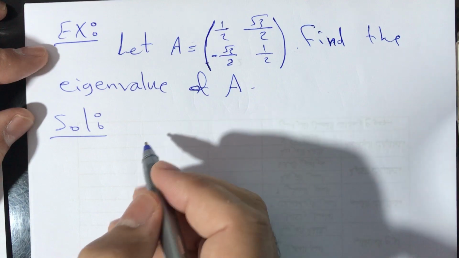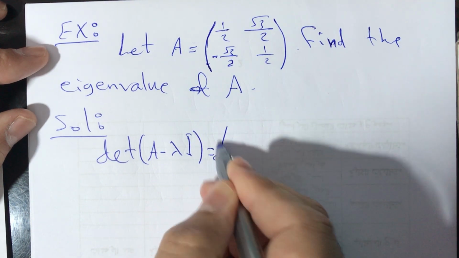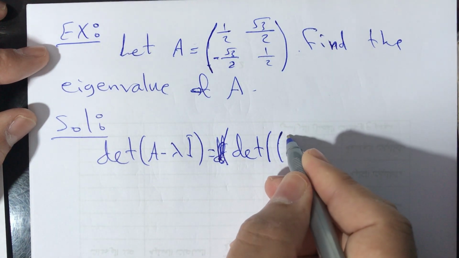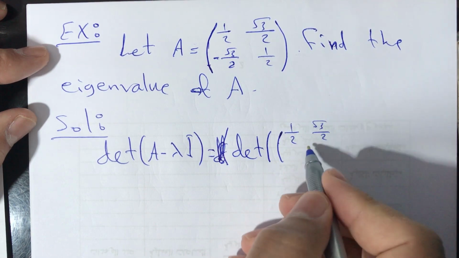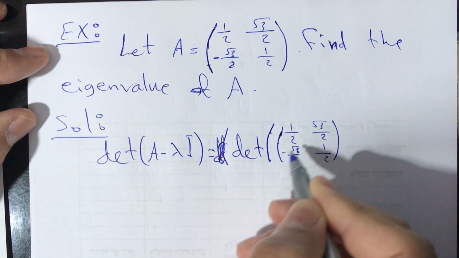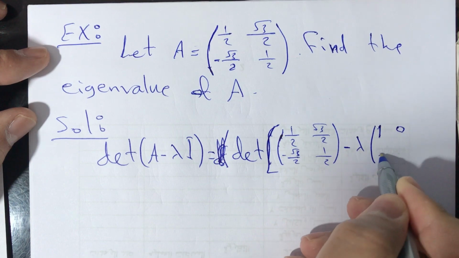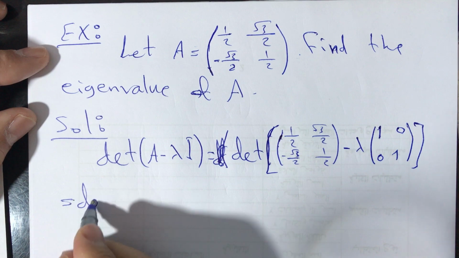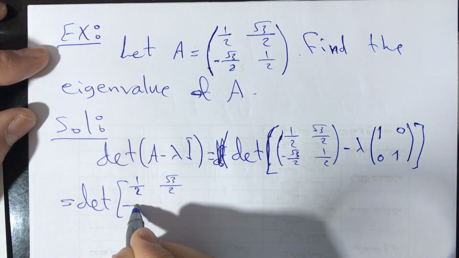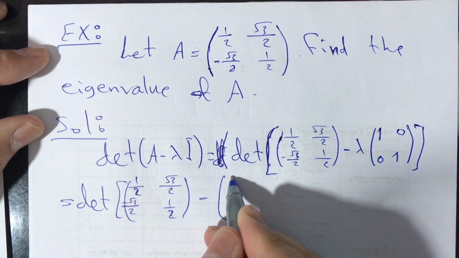Solution. The determinant of A minus lambda I is equal to the determinant of A, which is 1/2, root 3 by 2, minus root 3 by 2, 1/2, minus lambda times I, the identity. This equals the determinant of the matrix 1/2, root 3 by 2, minus root 3 by 2, 1/2, minus lambda 0, 0 lambda.